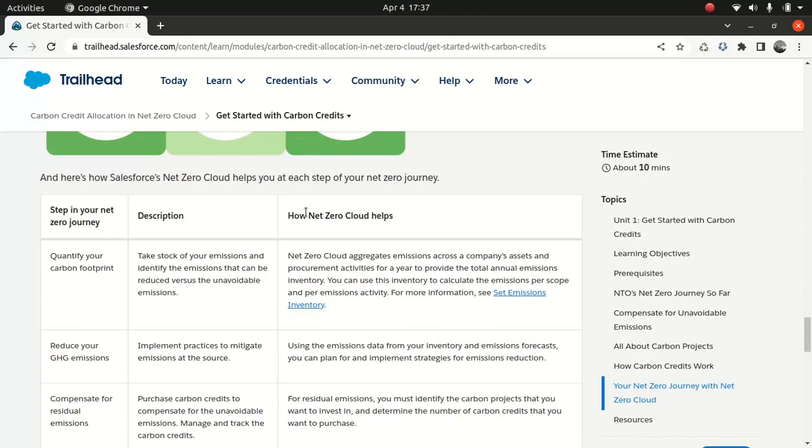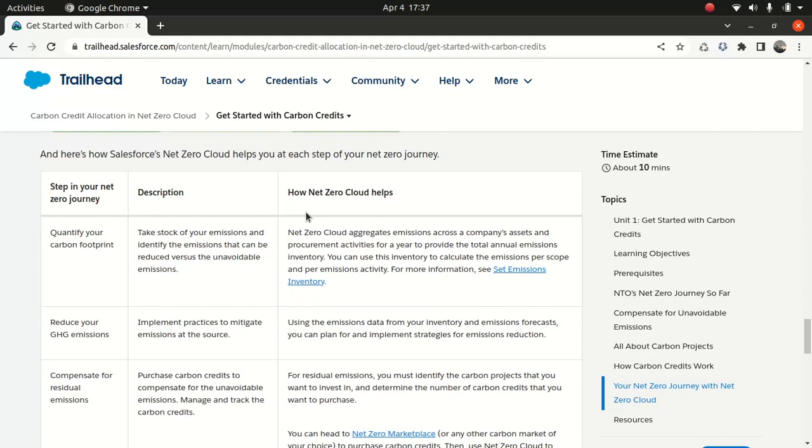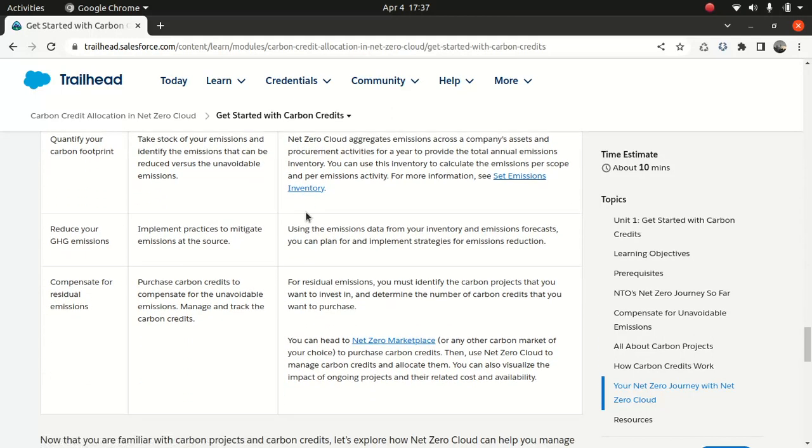In that case, you need to buy a carbon credit to get involved in a carbon project. Reduce or avoid your emissions: implement practices to mitigate emissions at the source. Compensate for residual emissions: you can buy carbon credit to compensate for the things which you can't avoid.